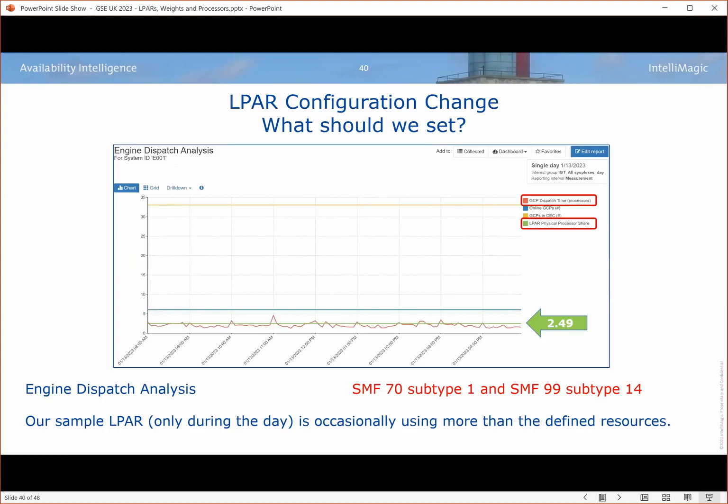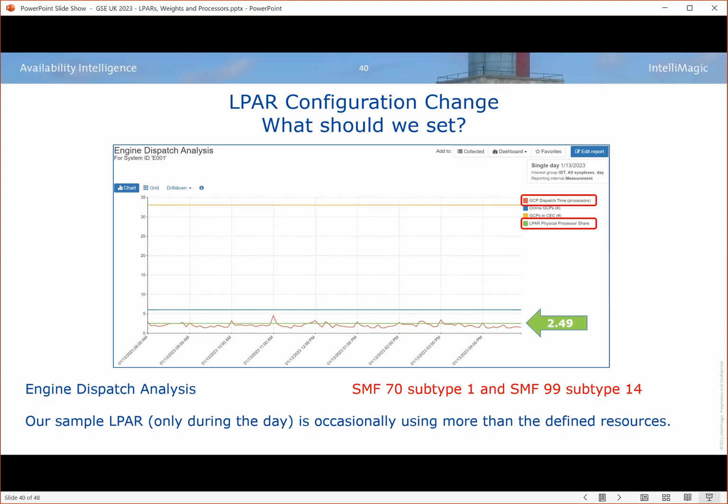Now, one very interesting chart is engine dispatch analysis. So again, looking at this sample LPAR, the green, 2.49, that's our CP share, which we've labeled LPAR physical processor share here. And we can see the red line, which is the dispatch processor time in CPs, right? It goes above that line occasionally, actually a few times.